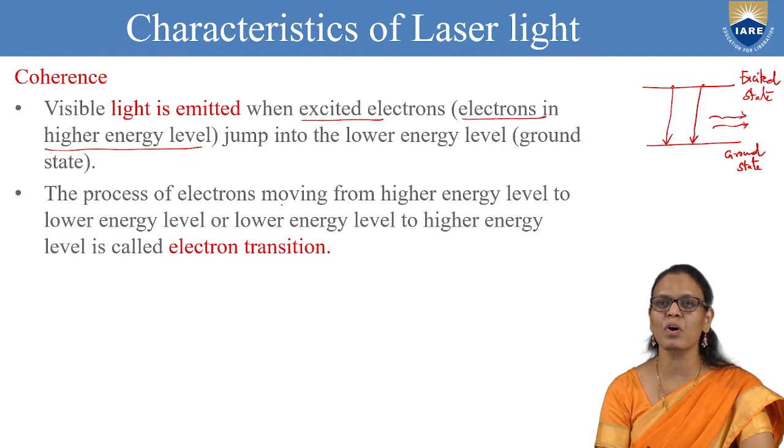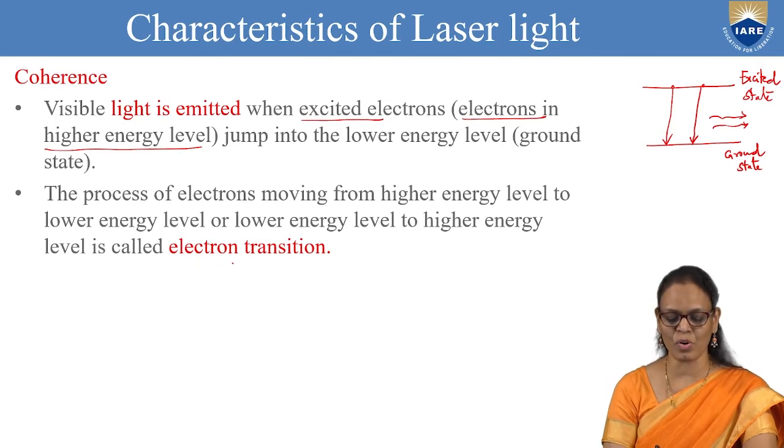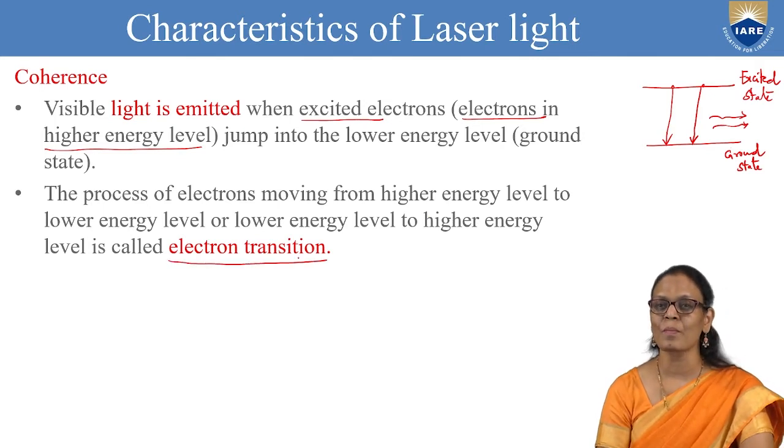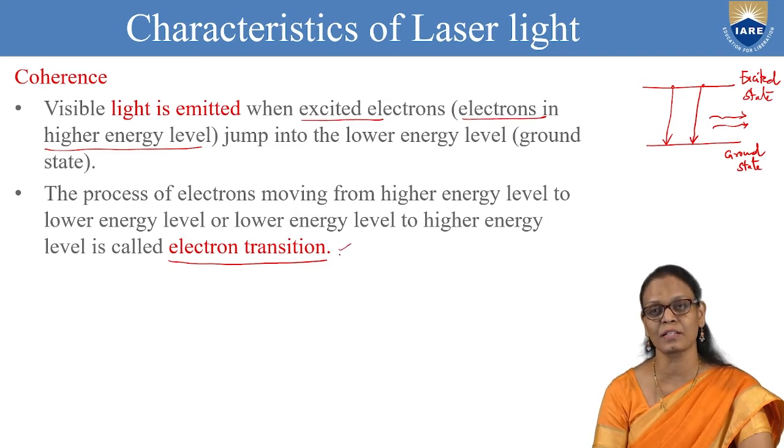The process of electrons moving from higher energy level to lower energy level, or lower energy level to higher energy level, is called electron transition. Because in the next few slides, we are going to talk in terms of transition.